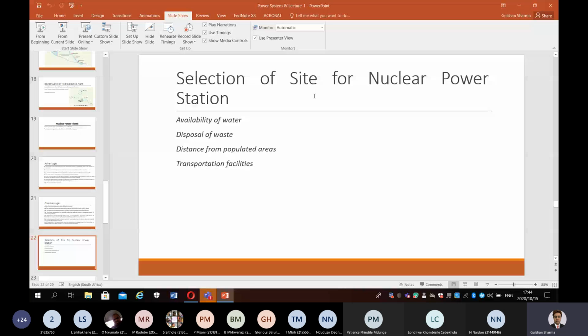If there's any fault or if you need to replace any unit, it should be well connected with the help of rail and other transportation to different parts of the country, as I have discussed with other power plants also, so that your nuclear power plant shouldn't be in shutdown position for too long. So these are some of the important factors that need to be considered in selection of a site for a nuclear power station. Now we are moving to another slide.